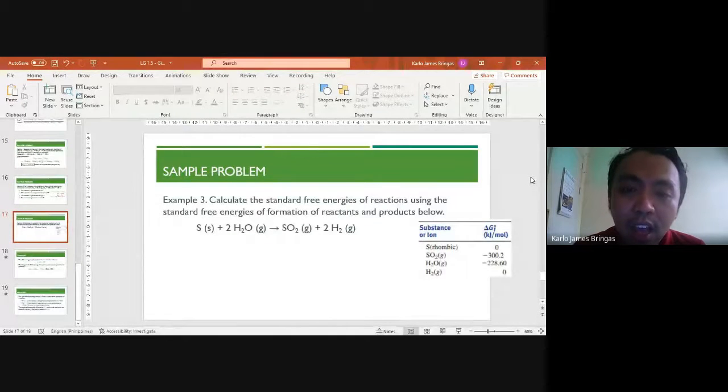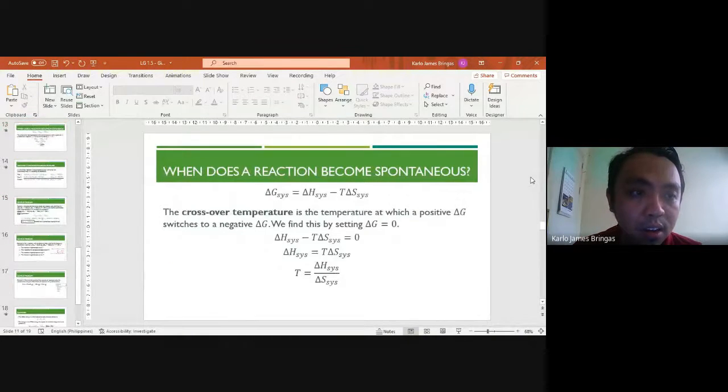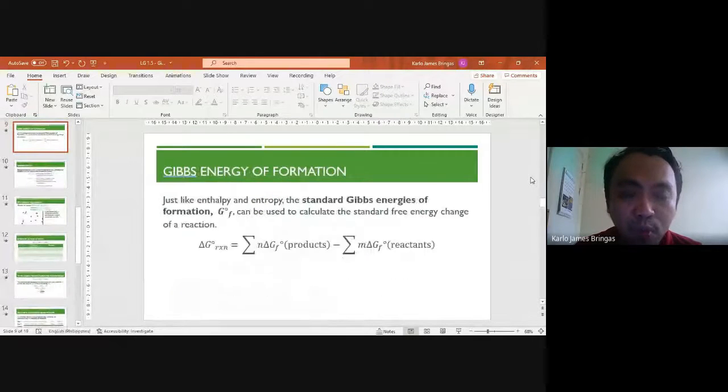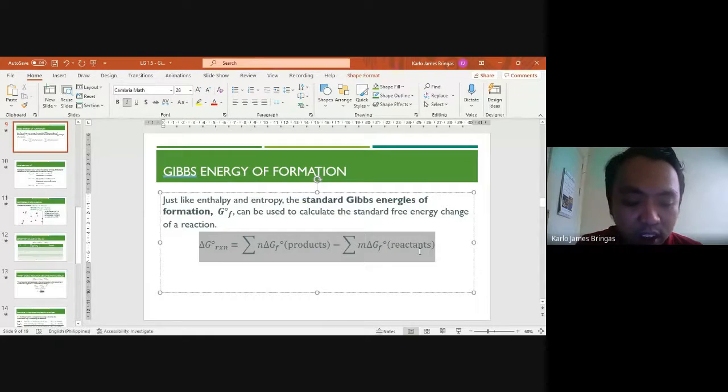Calculate daw the standard free energies of the reaction using the standard free energy of formation given in the table on the right. So let me copy the equation here. Again, this should be already quite familiar to us. We've been using it a couple of times already.